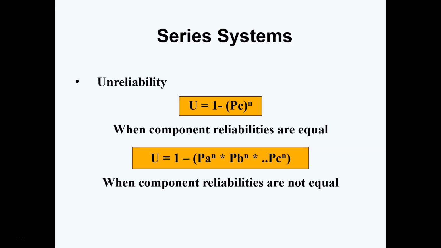So if the components' reliabilities are equal, then the unreliability will equal 1 minus the reliability of one component to the power of n components. If the components' reliabilities are not equal, then the unreliability will equal 1 minus the product of all multiplied reliabilities.